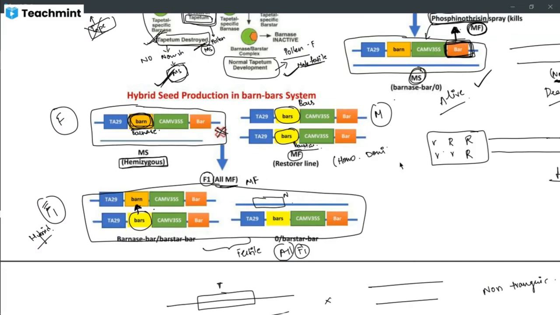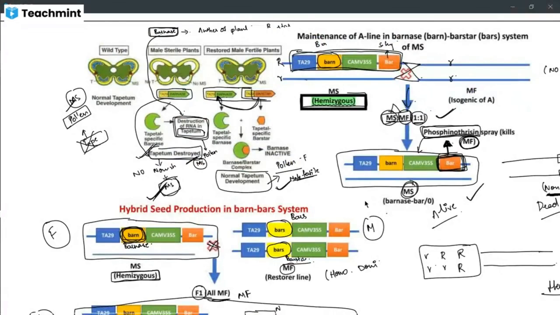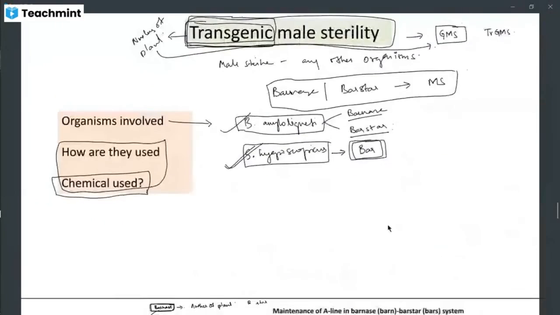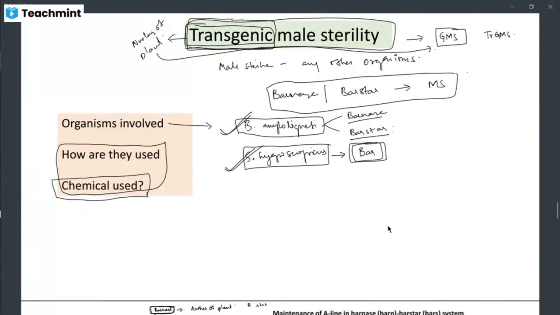Okay, so this is your Barnase-Barstar system of male sterility. Here you need to remember what organisms are involved and what chemical is used. What is the chemical name?